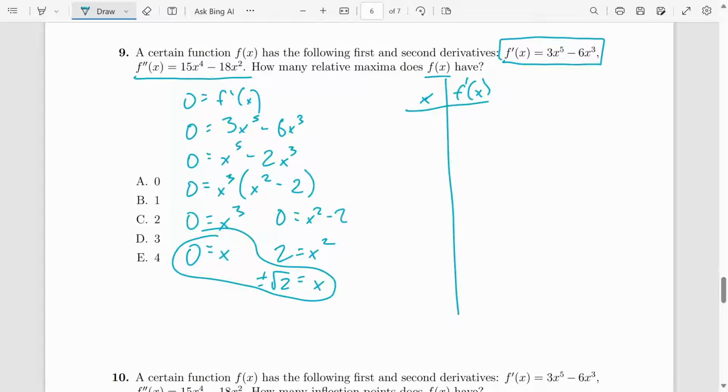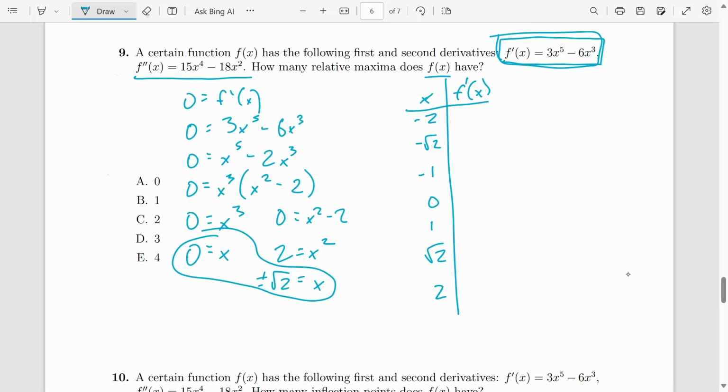So we do what we normally do. We plug in all of these critical points in ascending order. So at the start, we'll have negative root 2, then 0, then root 2. And then we fill in some easy intermediary values that we can plug into f prime of x. So looks like we can probably do negative 2, negative 1, 1, and 2.